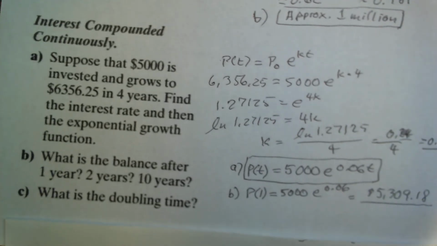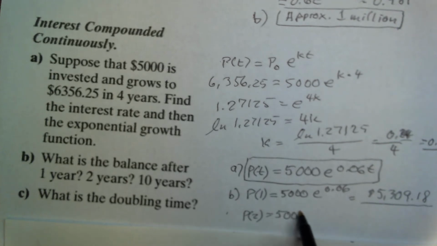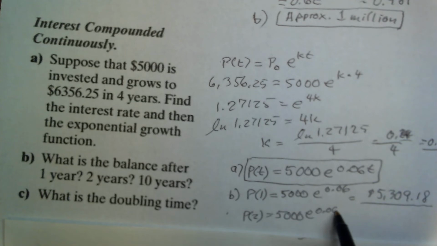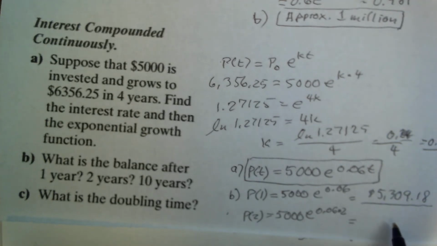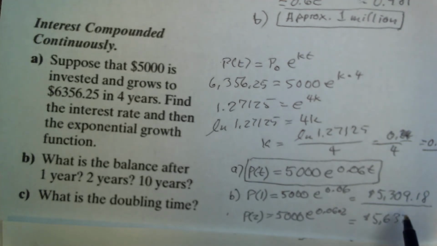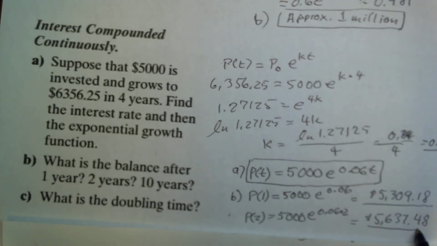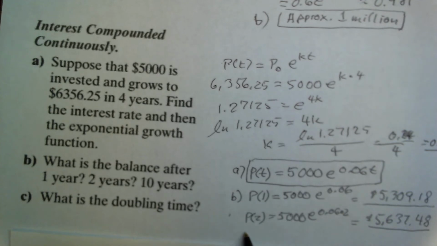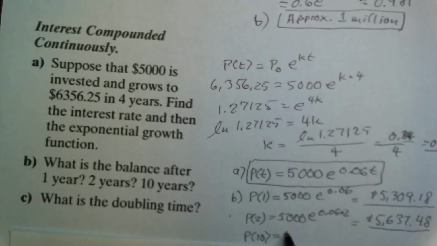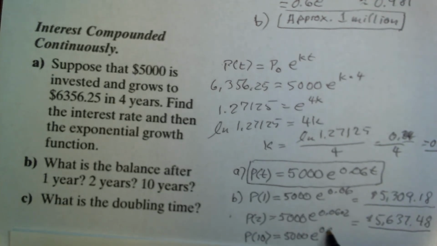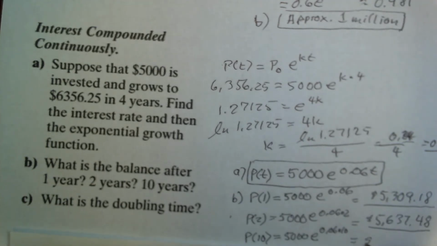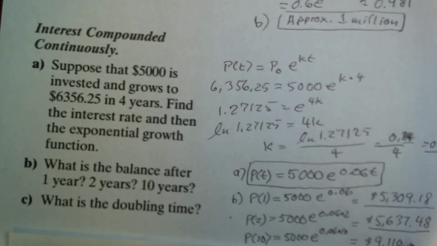So after 1 year, and then P of 2, 5,000 e to the 0.06 times 2, and that's equal to 5,637.48, and P of 10 is equal to 5,000 e to 0.06 times 10, and that's equal to 9,110 and 59 cents.